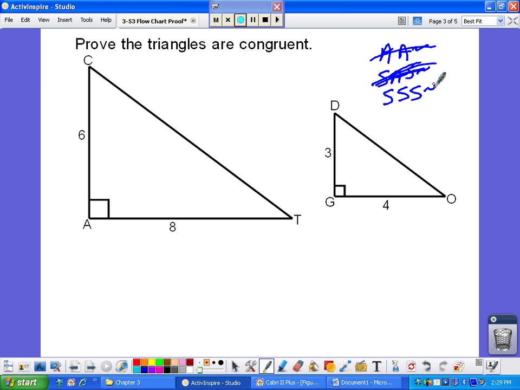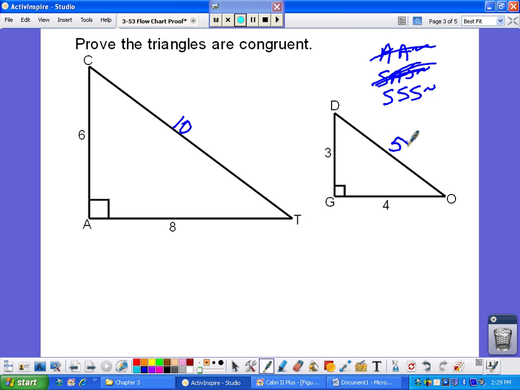And I can, because the beauty of this is a right triangle. 6 and 8 are legs, and 6 squared plus 8 squared, so 36 plus 64 gives me 100. This side here would just be 10, using Pythagorean's theorem. And this side is 3, this side is 4, so using Pythagorean's again, I will end up with this side being 5.